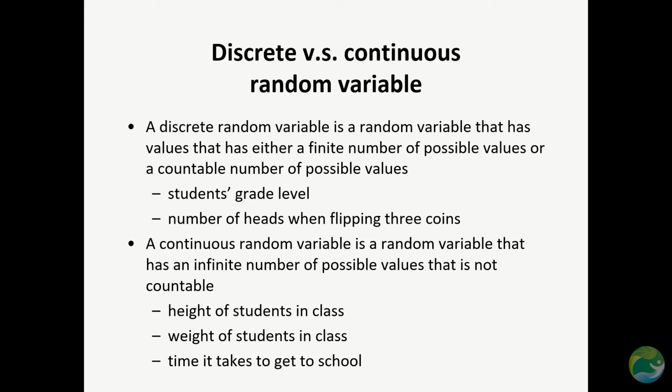Height is a continuous number, for example 165.25 centimeters, 180.51 centimeters, and so on. You can have more digits after the decimal point. It's a continuous variable. Other examples are the weight of students in the class or the time it takes to get to school.